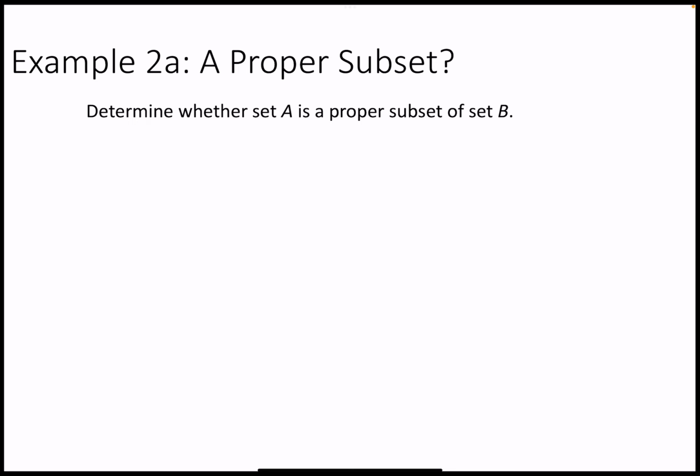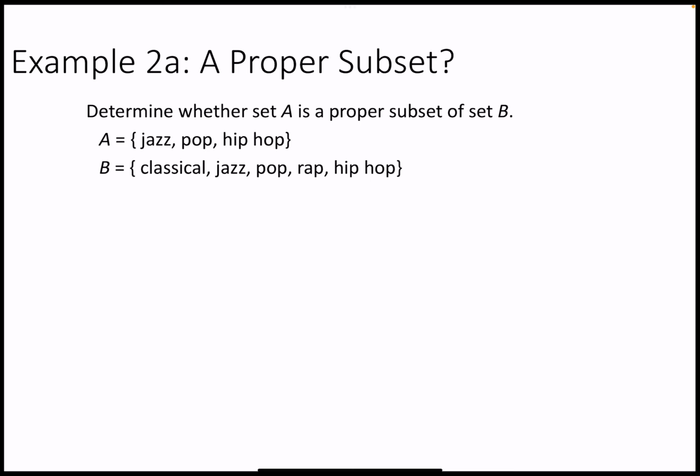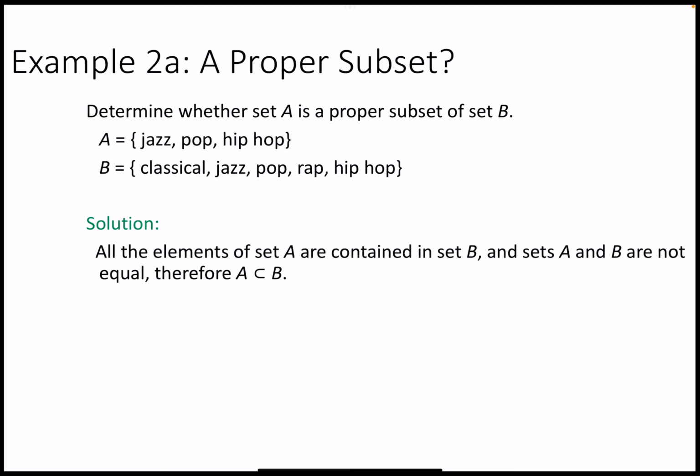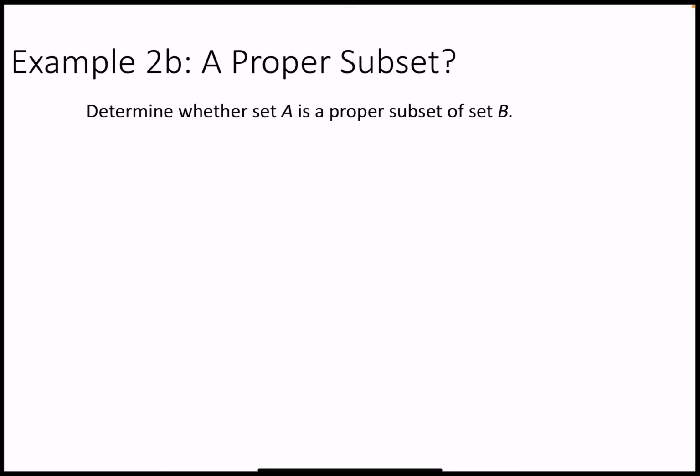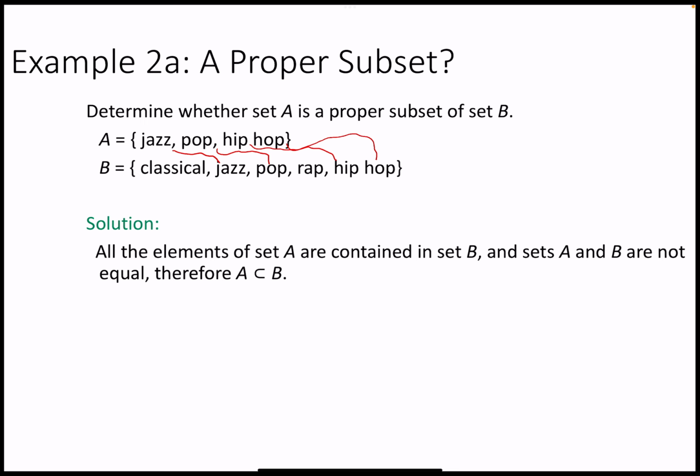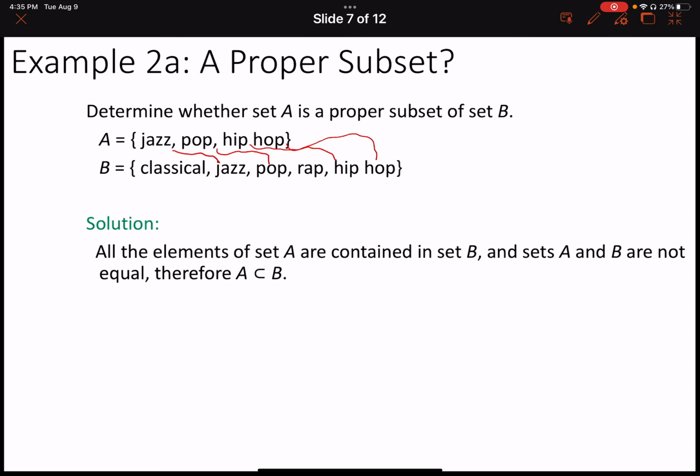So let's determine whether set A is a proper subset of set B. Well, pretty easy: jazz in A is also in B. Pop is also in B. Hip hop is also in B. Let me check that.